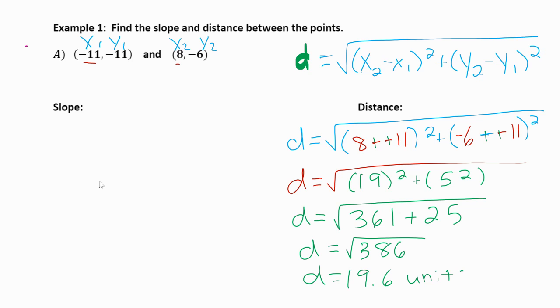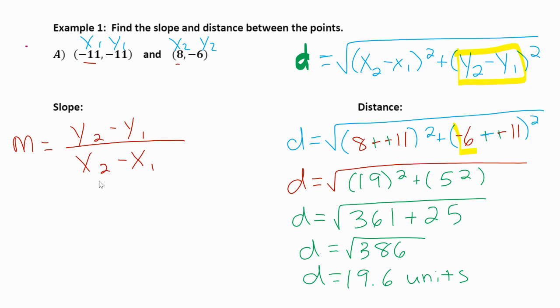Now, for the slope, that's just kind of the same thing as before. These are actually like two different problems using the same coordinate points. So when we use our slope formula, what we might recognize is that the y2 minus y1 subtraction is the same as what I did right here.